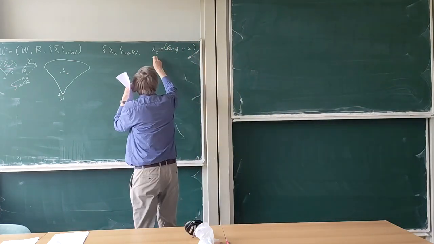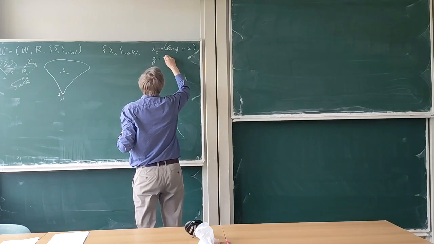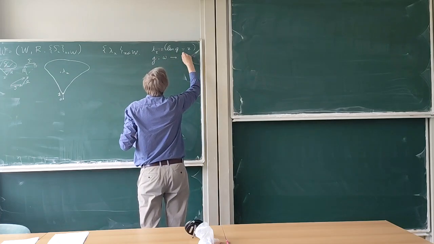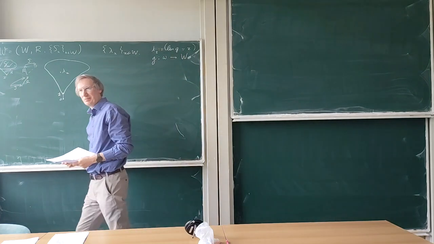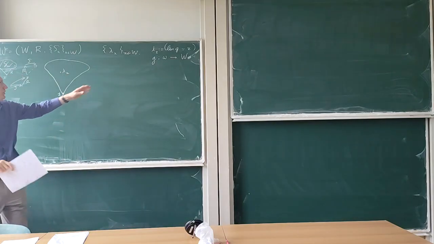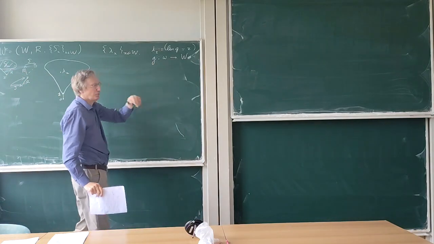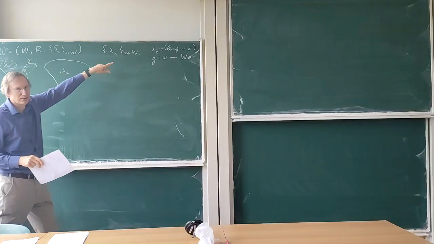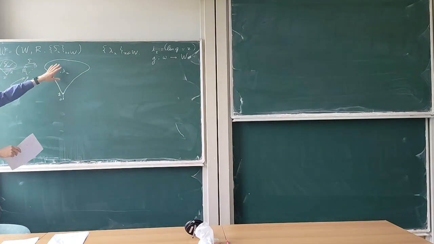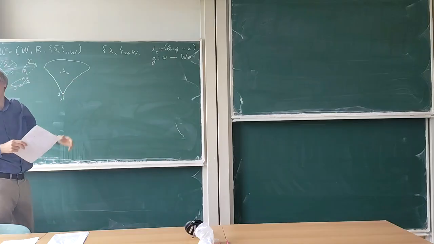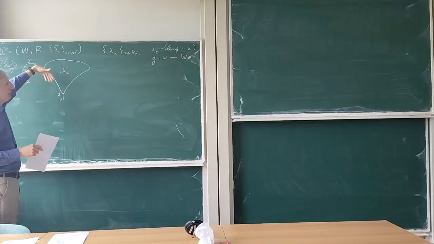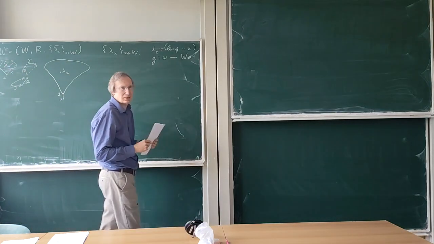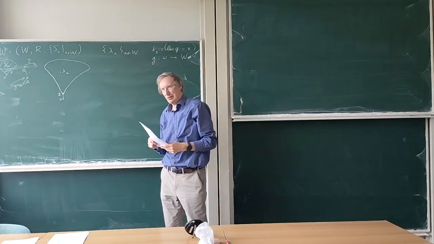G is a function from omega to our set W. So if the limit of the function from omega to W is x, then lambda x holds. That guarantees more or less this property, and the function will be such that we will be able to prove that the limit exists.